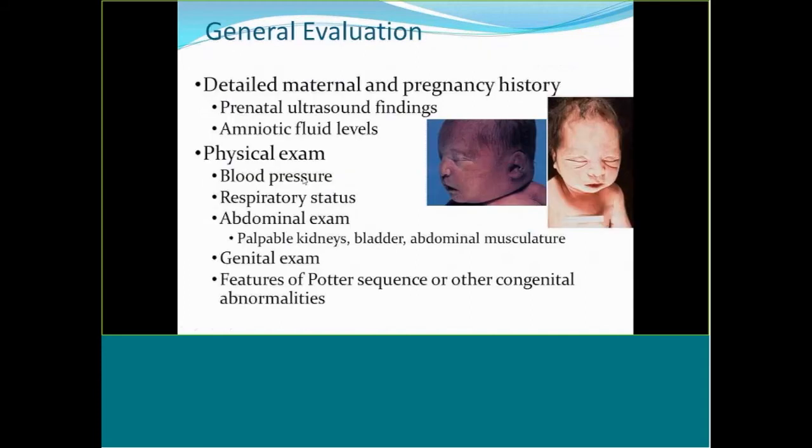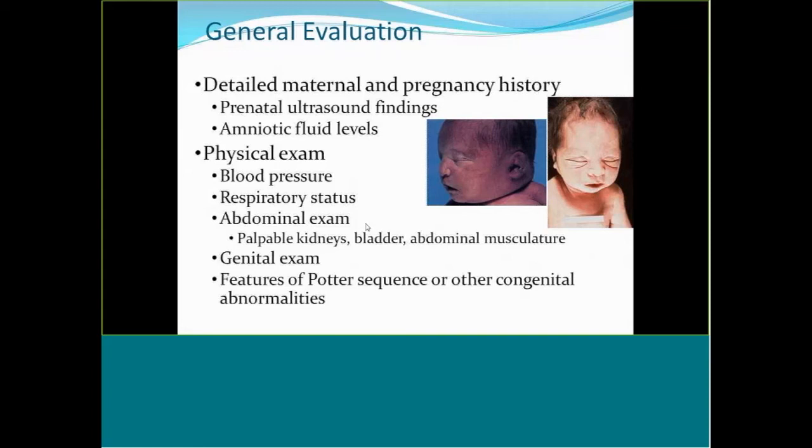So the general evaluation of all of these kids, especially if they have what are called features of Potter's sequence, where you have the wide nose bridge, the epicanthal fold, low-set ears, for whatever reason.